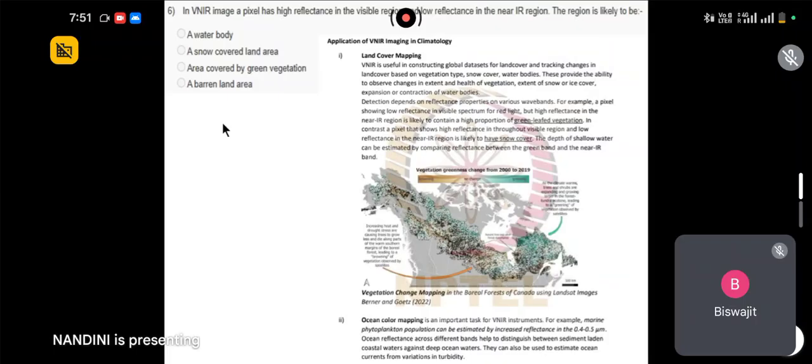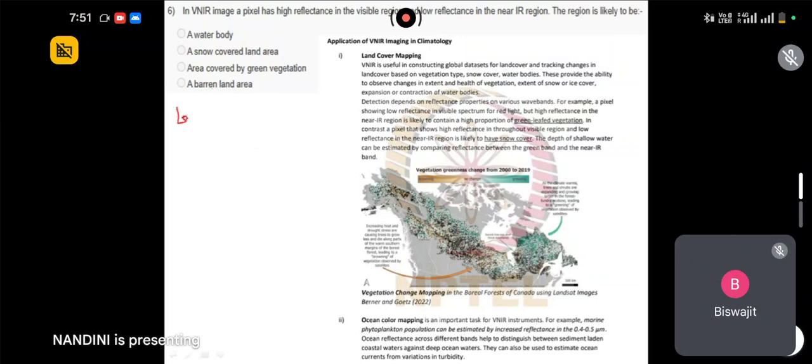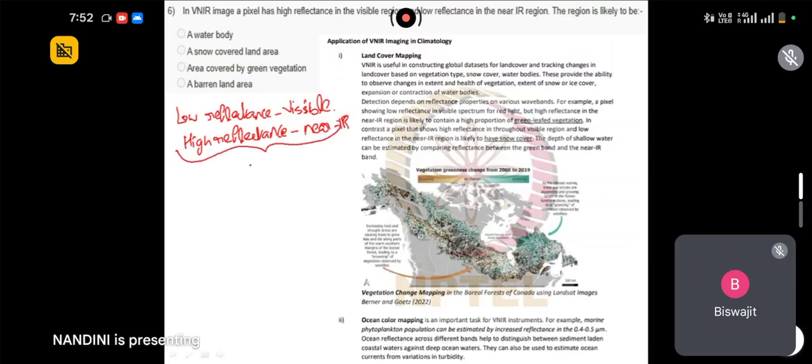For example, if a pixel is showing low reflectance in visible and high reflectance in near IR, this basically means that you are encountering vegetation, green leafed vegetation.